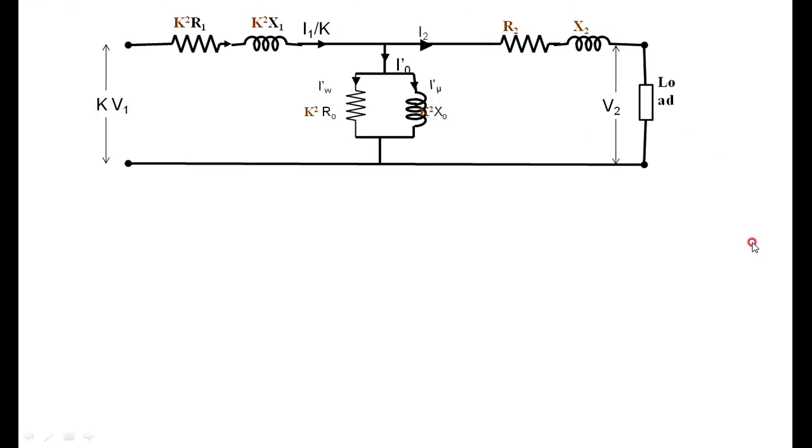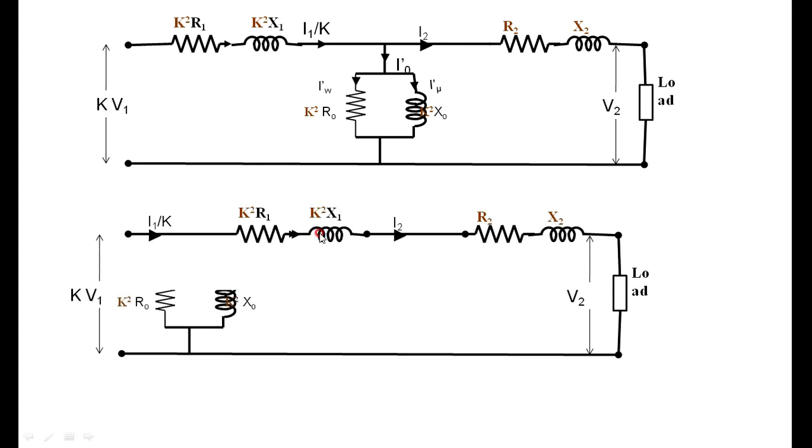Okay, further, this is once again the diagram we got last. Now we make the assumption that the current I0 dash, actually it is I0 dash by K, can be transferred to this side, and it does not make much difference. Therefore, in the simplified version of the diagram, I am shifting it to here.